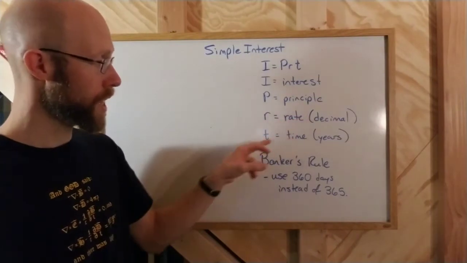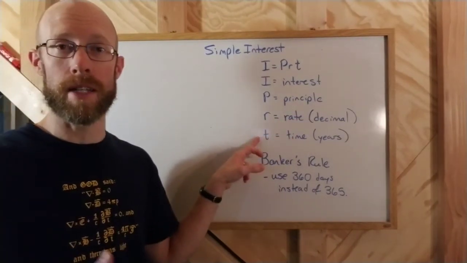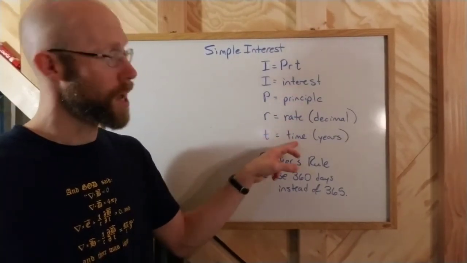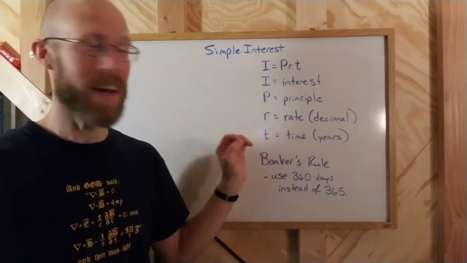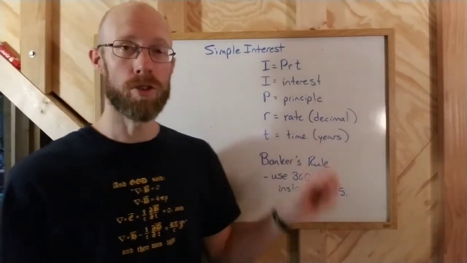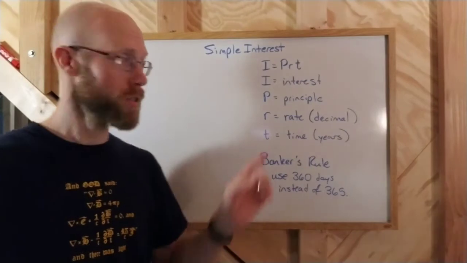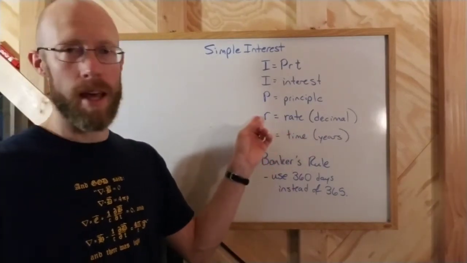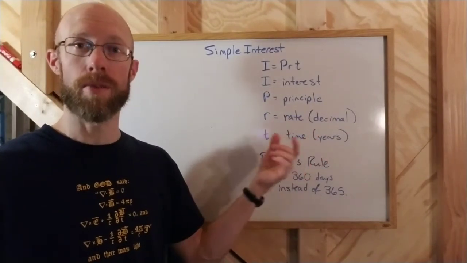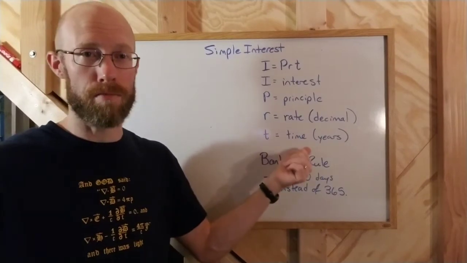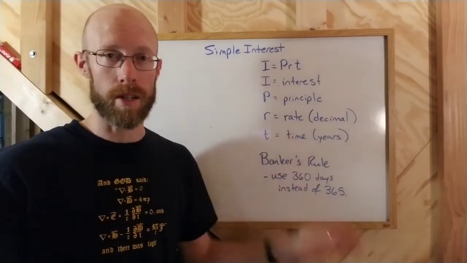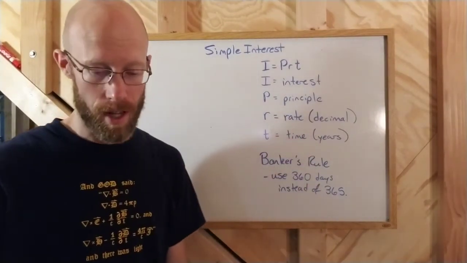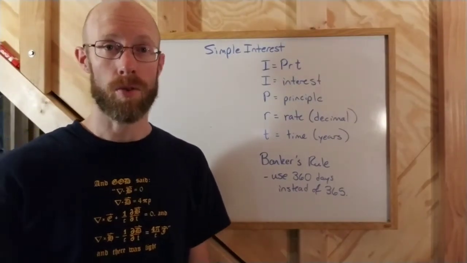With an annual rate, the T is represented by time, or time is represented by T, I should say, and the time is in units of years. It's going to match the type of rate. So if you had an annual rate, it's going to be in years. If it was a monthly rate, you would have months here, but that's very rare. We're not going to see that very often, if at all, in this course.